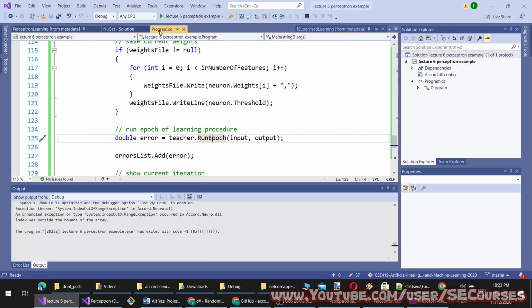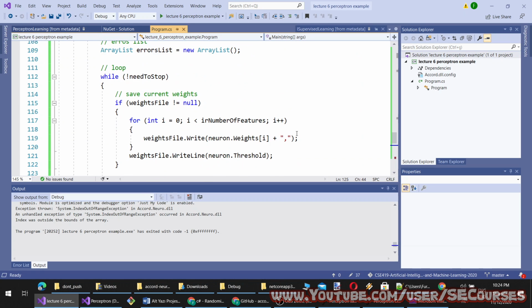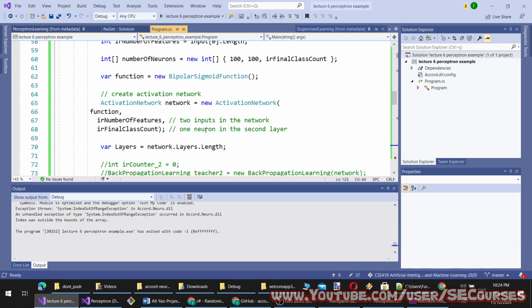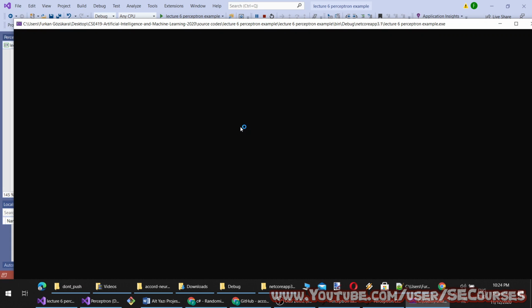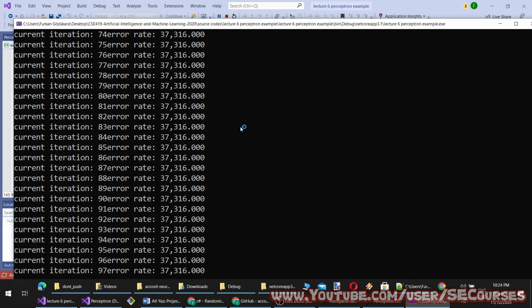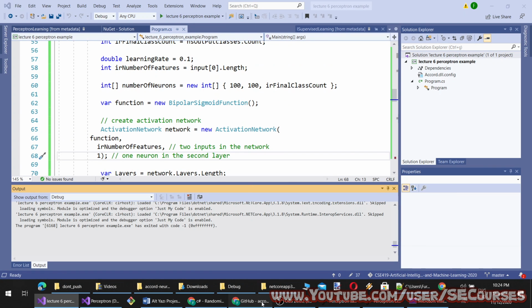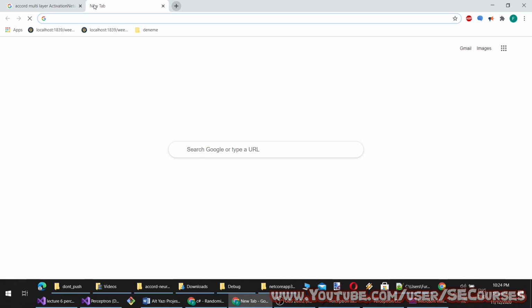Okay, and if we change the final class count, okay, so our perceptron, yes, this is a single perceptron algorithm. That is why we have wasted time. It can only classify 2 classes, not 26.